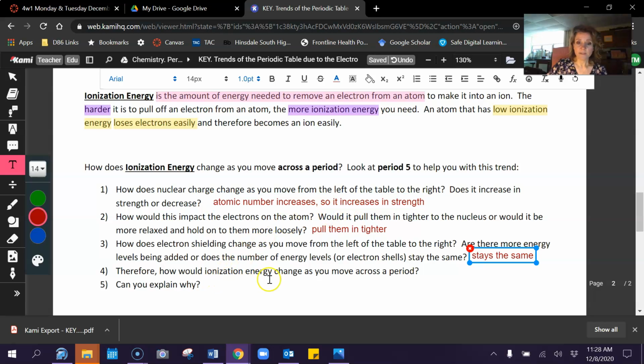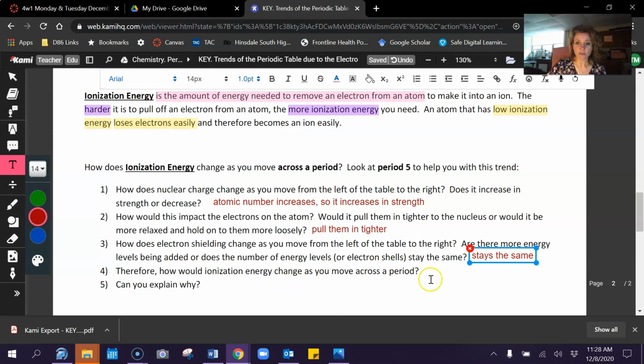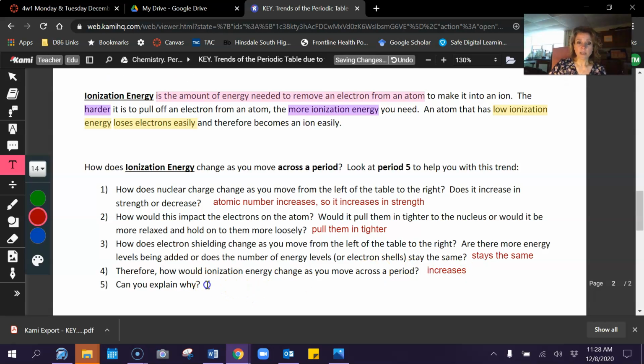Therefore, how would ionization energy change as you move across a period? Well, we already know from our Word document that ionization energy goes up. So we can answer that here, that it increases. And now we have to explain why. Since we're comparing elements that are in a period, we need to talk about nuclear charge.